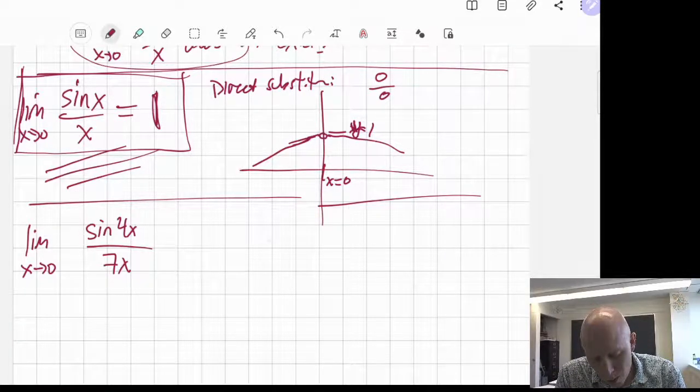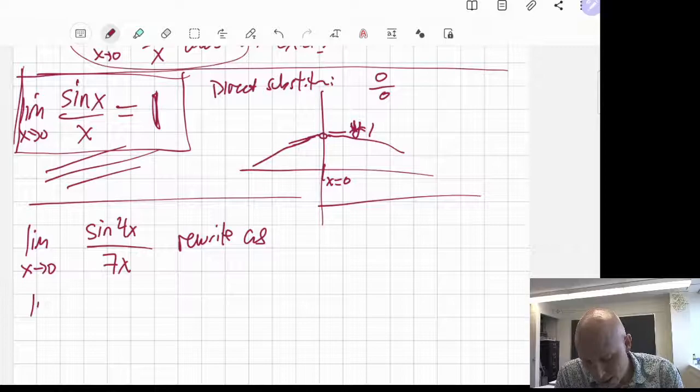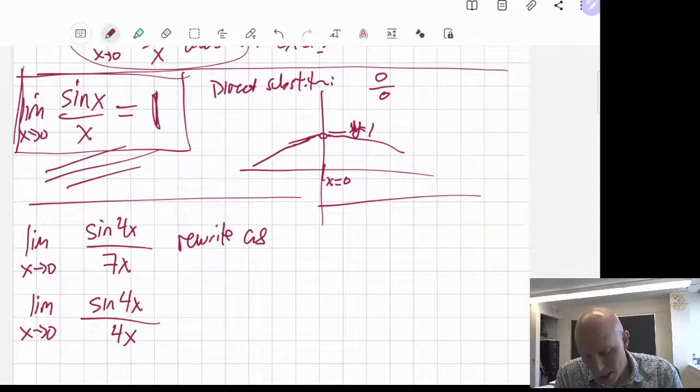So we'll rewrite this as the limit as x goes to 0 of sine of 4x, and what we really want in the denominator is 4x. So we will write this as 4x. Now we'll write this as 7x, but then we want to multiply by 4 in the numerator and the denominator.